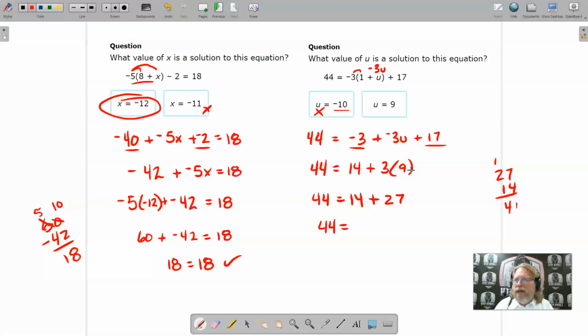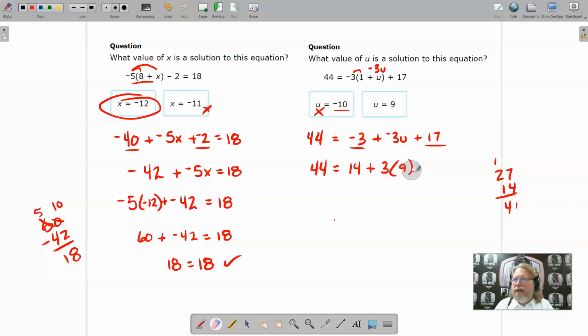Let's plug in a 9. And that is 44. 9 times 3, last time I checked, is 27. 27 plus 14. 27, 37, 41. That equals 41. Did I mess up on the 10? Because neither one's working. Double check my work up here.